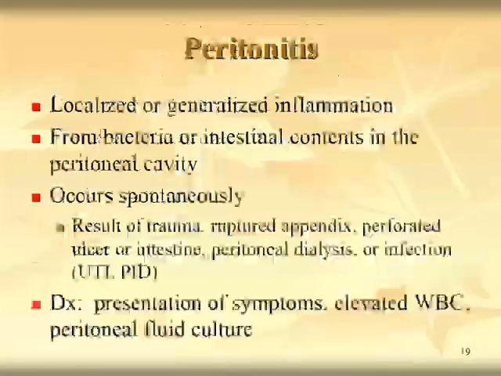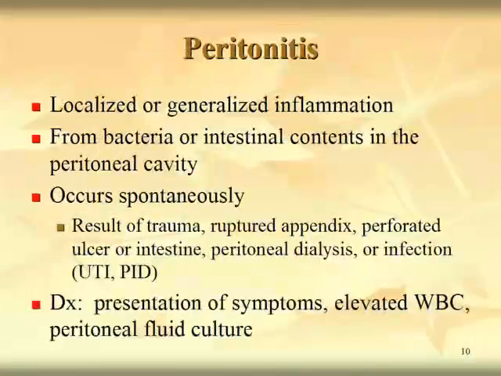We touched earlier a little bit on one complication of appendicitis being peritonitis. Peritonitis can actually occur from other things, not just appendicitis. It's considered to be a generalized inflammation of the peritoneum, and it can result from any bacterial or intestinal contents in the peritoneal cavity.